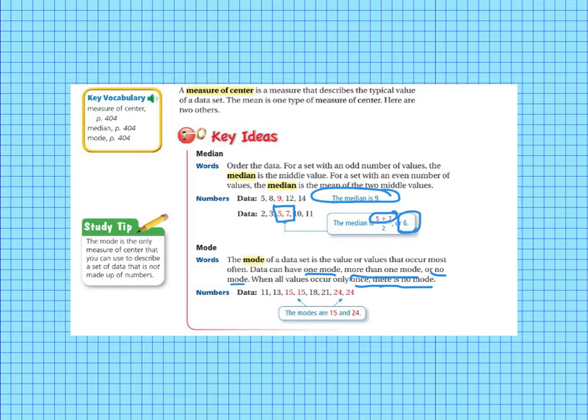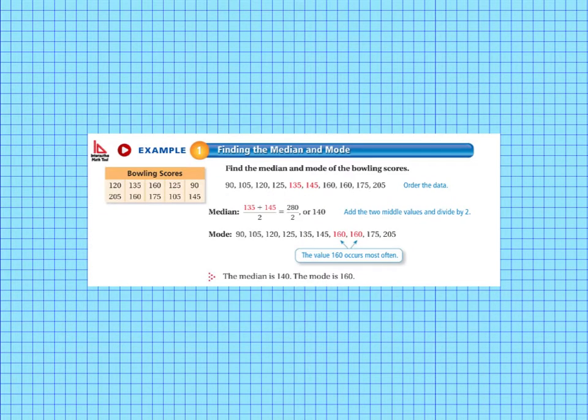So here's our example. Our data is 11, 13, 15, 15, 18, 21, 24, and 24. In this case, there are two modes. 15 occurs twice and 24 occurs twice. So the modes are 15 and 24.